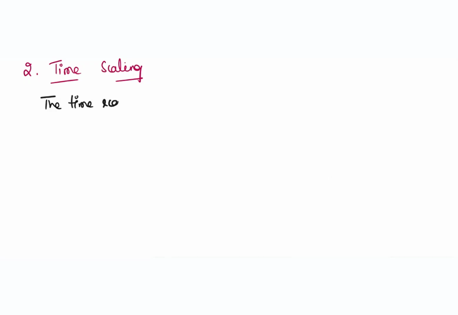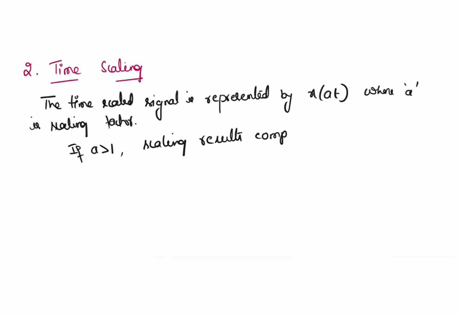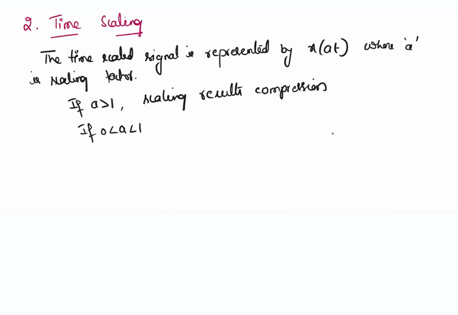Now we'll move to the second operation, time scaling. The time scaled signal is represented by x of a t, where a is the scaling factor. If a is greater than 1, the scaling results in compression. If a is between 0 and 1, scaling results in expansion.